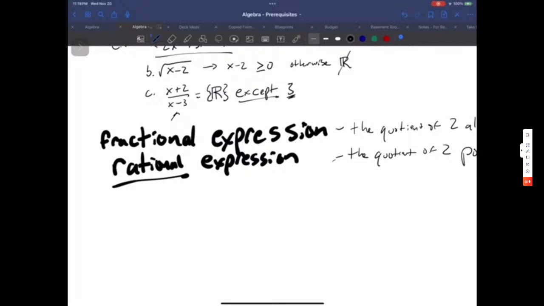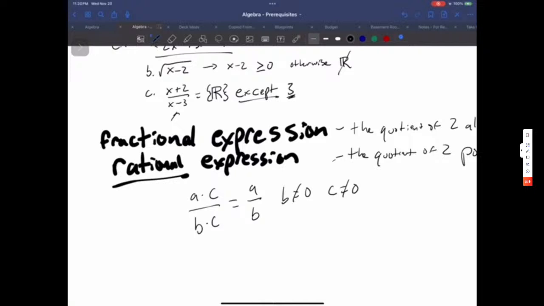Recall that a fraction is in reduced form if its numerator and denominator have no factors in common aside from 1 or negative 1. To write a fraction in reduced form, apply the following rule. A times c over b times c is the same thing as a divided by b, where b is not equal to 0 and c is not equal to 0.